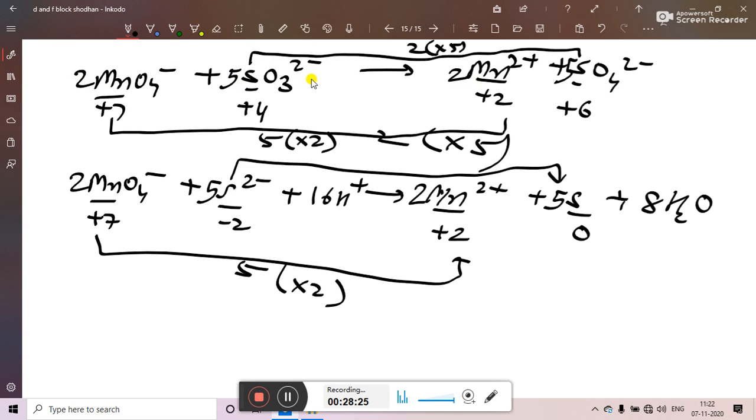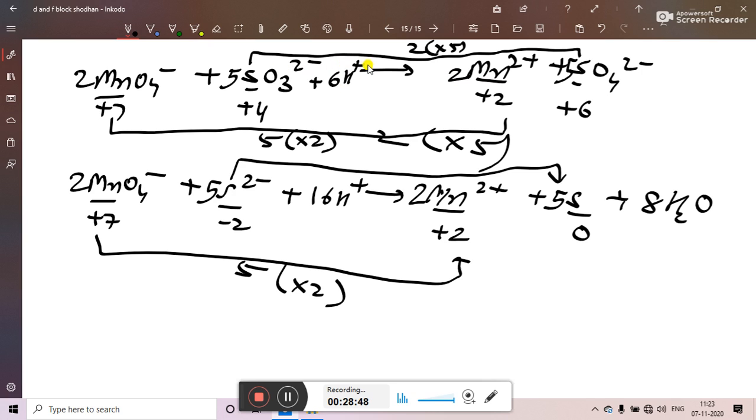So on the left hand side we have to add H plus ion. So minus 12 is there, we have to make it minus 6, so we have to add how many H plus? 6 H plus. Okay, so that on both the sides it will become minus 6.